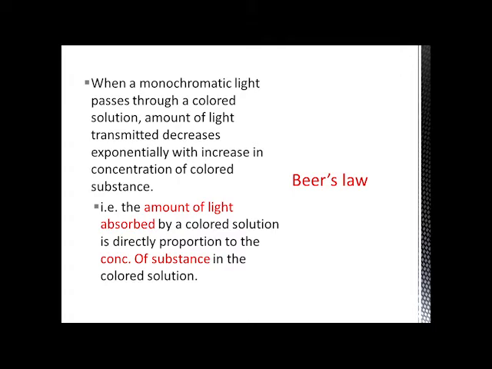Beer's law states that when monochromatic light passes through a colored solution, the amount of light transmitted decreases exponentially with an increase in concentration of the colored substance. That is, the amount of light absorbed by a colored solution is directly proportional to the concentration of substance in the colored solution.